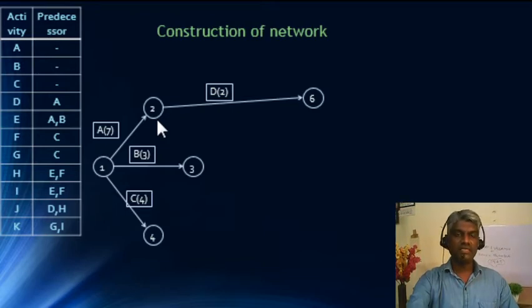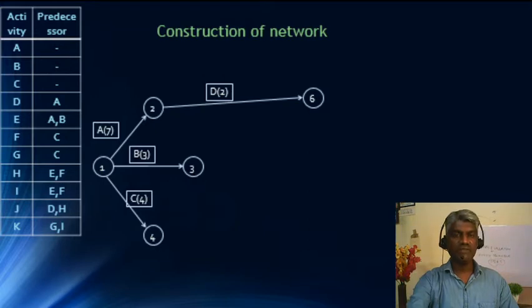And now, we will consider the direction of the dummy in the opposite direction. When we have the dummy this way, at node 3, B is getting over, and through this dummy, A is also getting over. So, that is perfectly alright.